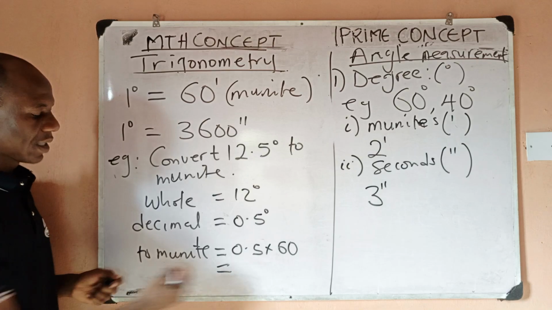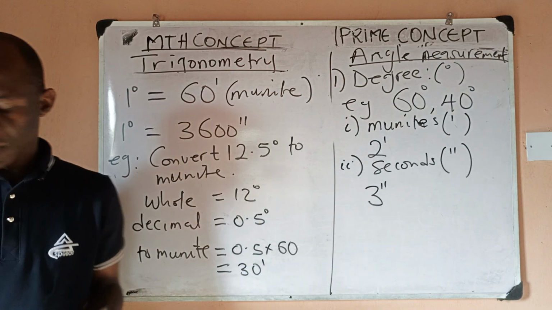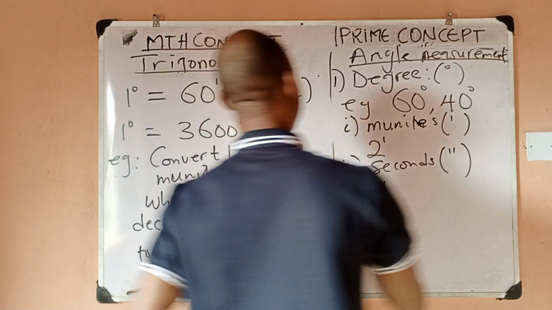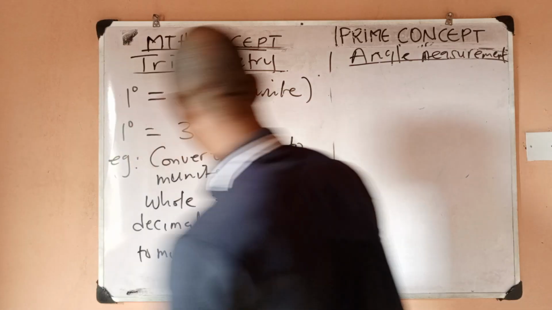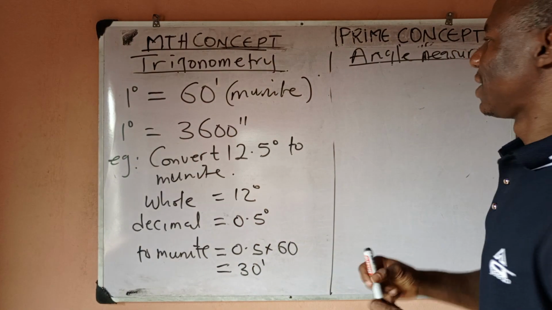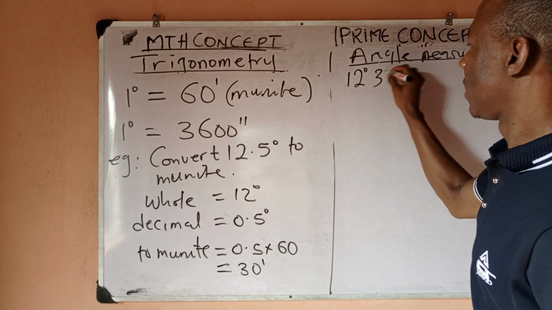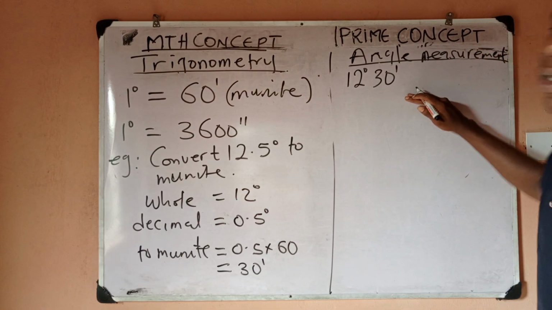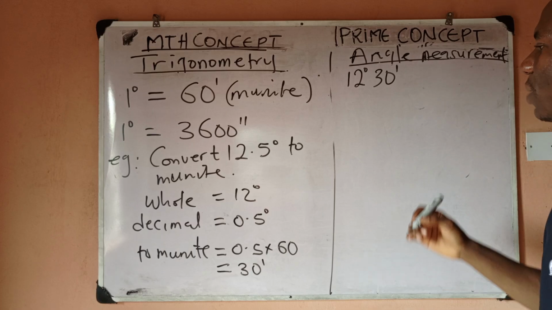If I do this, I get 30 minutes. So what is the proper way to write my answer? I would simply say that 12.5 degree is the same thing as 12 degree 30 minutes. So this is how you would see it in exam. 12 degree 30 minutes.